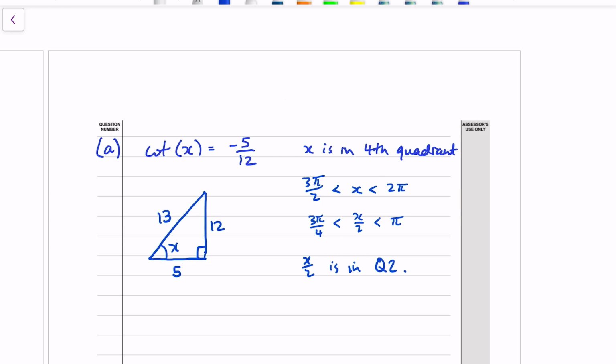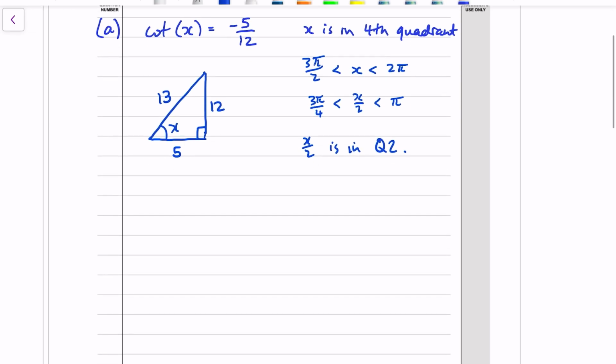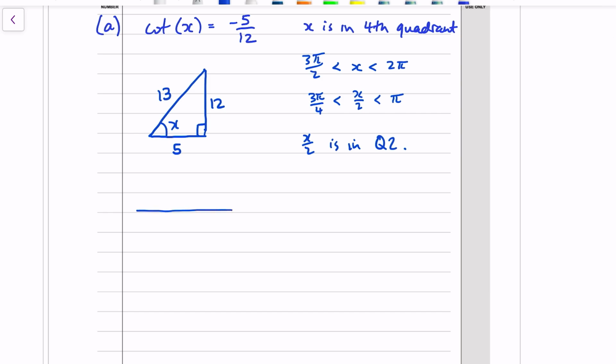Now we need to think about the signs of things. For x, we're in the fourth quadrant. So in the fourth quadrant, we're in the last quarter of a trig curve. Okay, so sine, first quadrant and second quadrant are positive, third and fourth quadrant is negative, and cosine starts off positive, it's negative in the middle, and then ends positive.